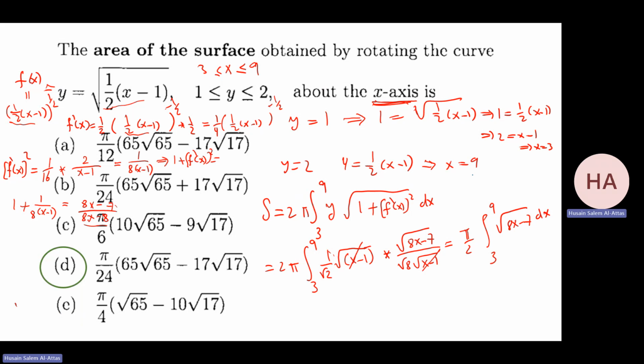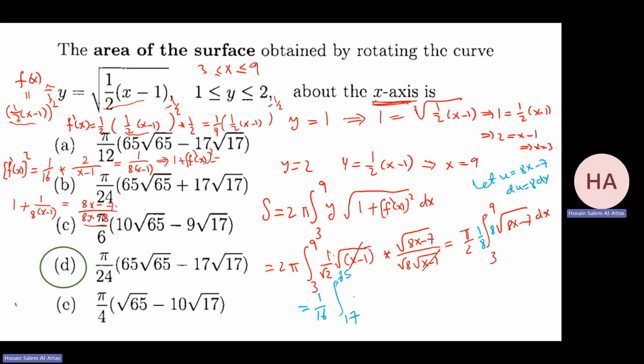It's not difficult, but it needs to be careful. You need to let u equal 8x minus 7. du will be 8 dx. So I need 8 and 1 over 8 here, so that will be 1 over 16. I need to change the limits. 3 times 8, 24 minus 7, that will be 17. 9 times 8, 72 minus 7, that will be 65.